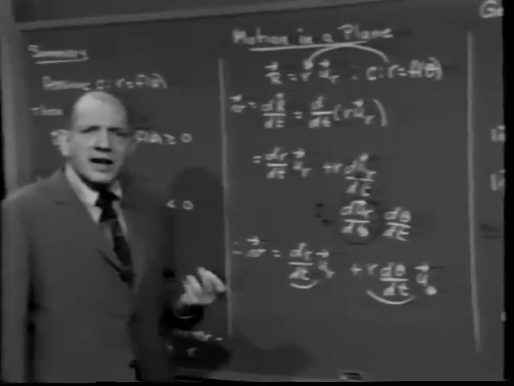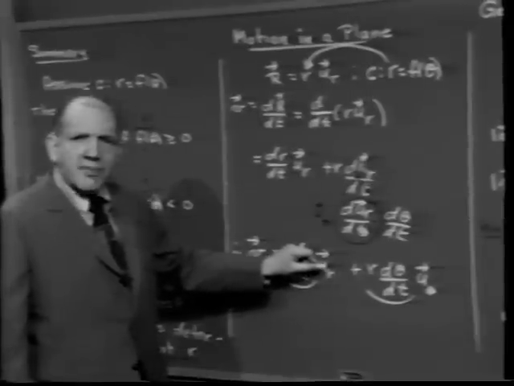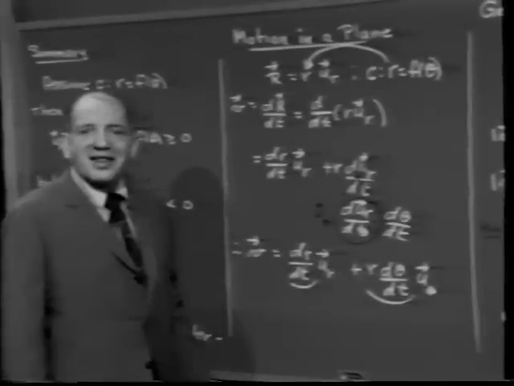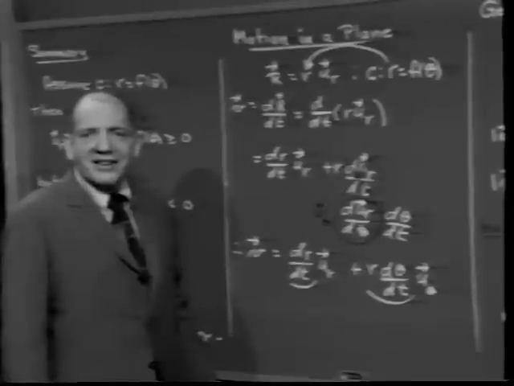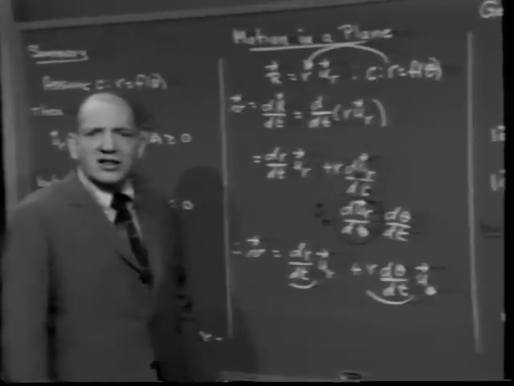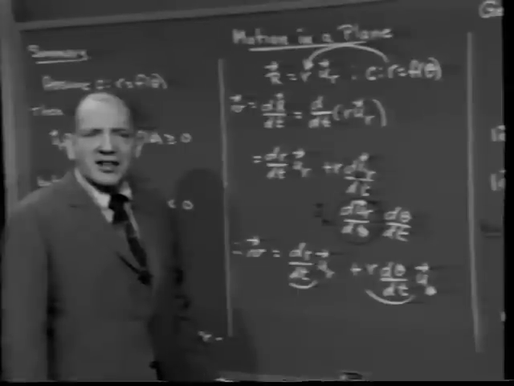The place that you can make the biggest mistake is if you automatically think that u sub r must have the same sense as capital R. But as I say, we'll leave any additional discussion of that for the exercises.